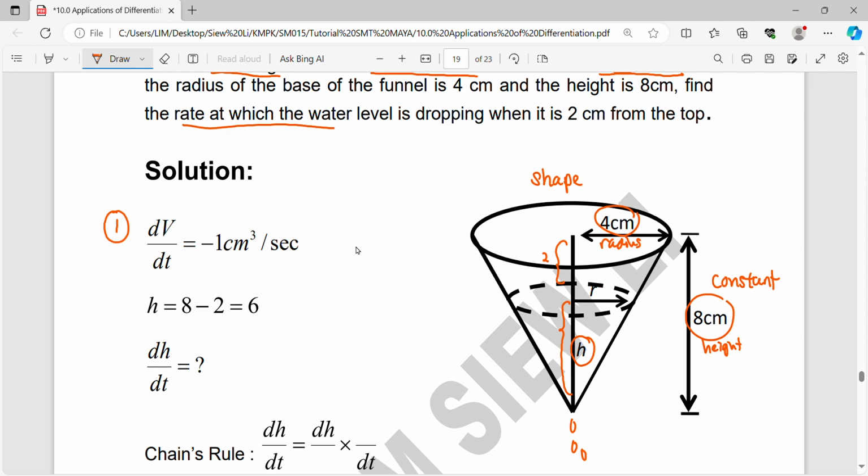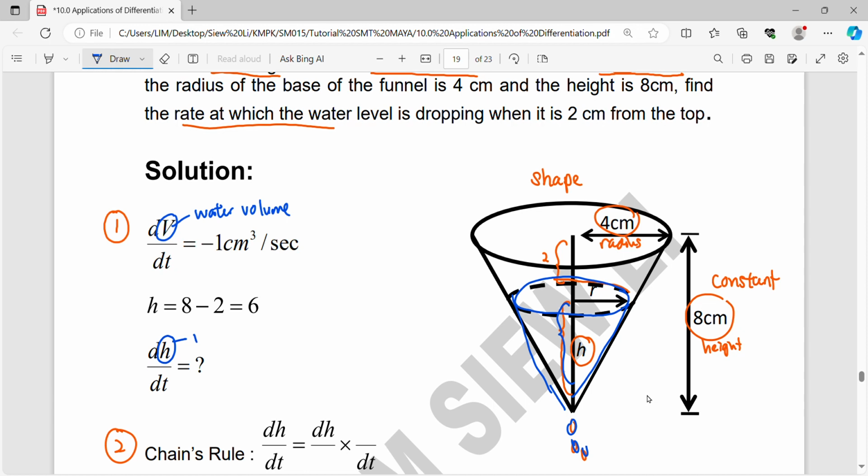So the first step, identify the information and shape. So second step. Look back at our first step. So remember, what is your variable? Your variable does not happen at your conical funnel. Your variable happens on your water here. As your water runs out, your water volume is variable. So this is water volume. And when you're dropping out, your water height.